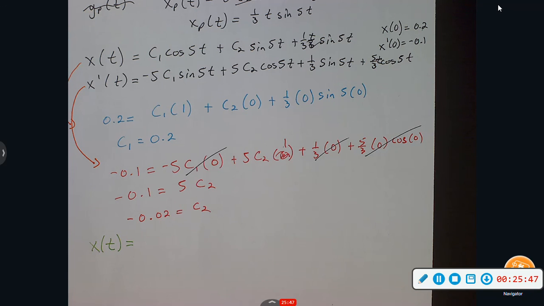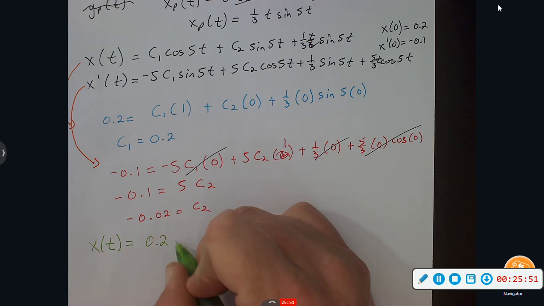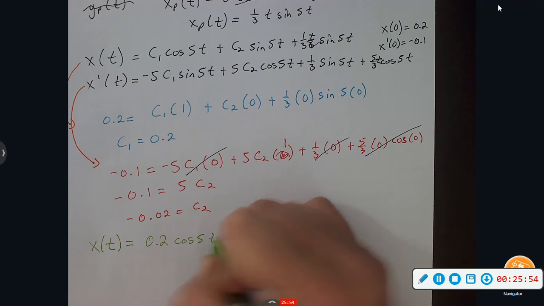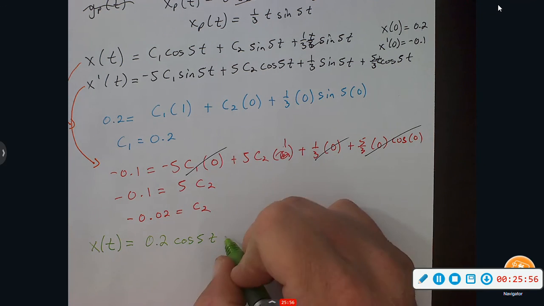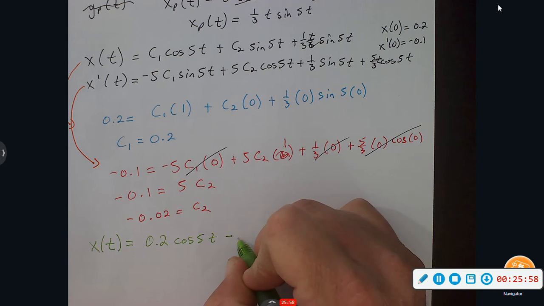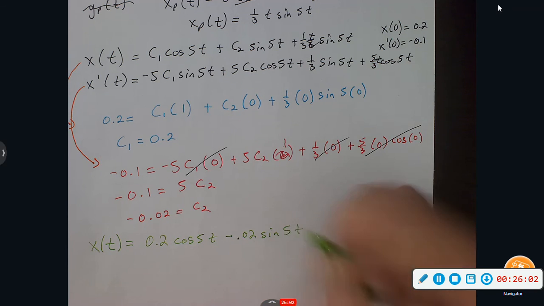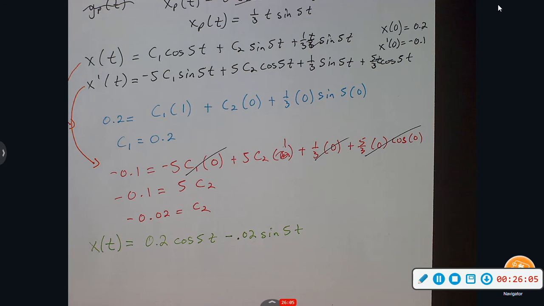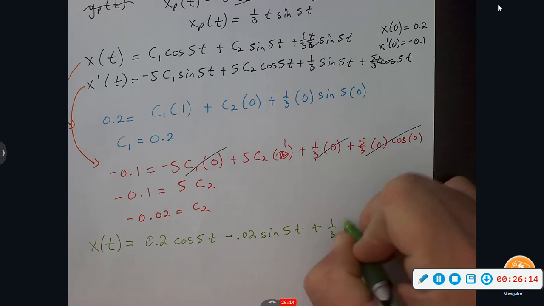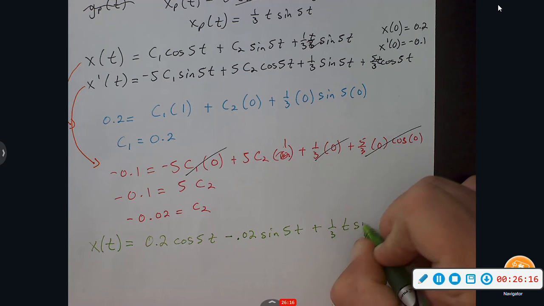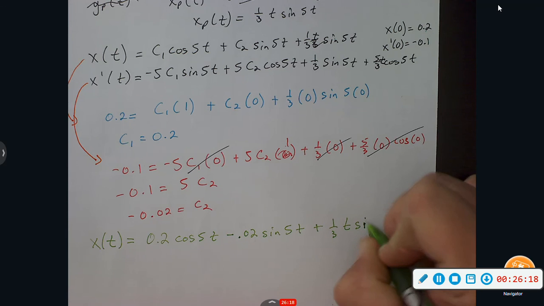All right, C1 is 0.2. 0.2 cosine 5t plus C2, negative 0.02 sine 5t, plus our yp of t, our xp of t, 1/3 t sine 5t.